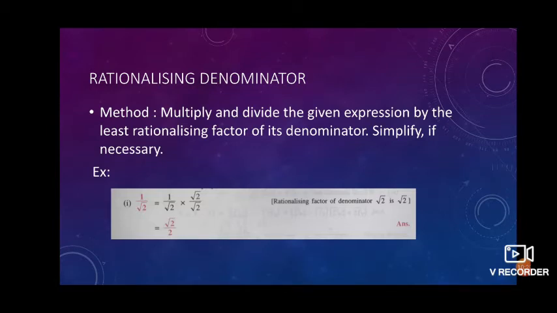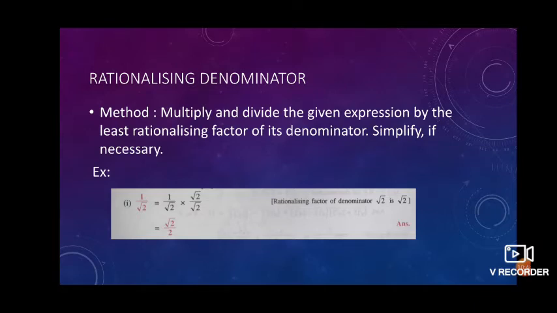If you see here, 1 by root 2. Here root 2 is an irrational number. So now we have to rationalize that denominator. So to convert root 2 into a rational, the least number we can multiply is root 2. If we multiply with root 2, root and root will get cancelled, we will get 2.